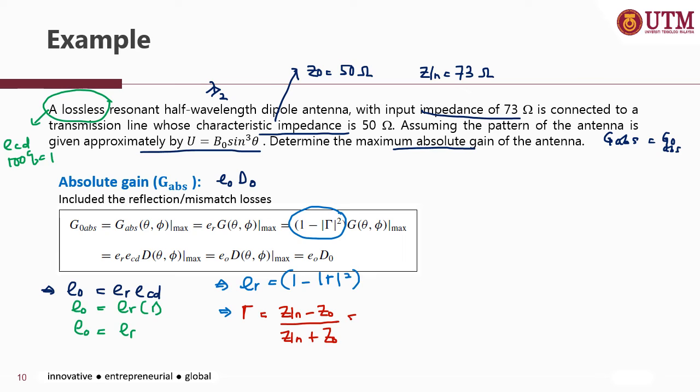In this case, the Z in given is 73, minus Z naught, the characteristic impedance equal to 50, divided by Z in 73 plus 50. So the reflection coefficient gamma equals 0.187.